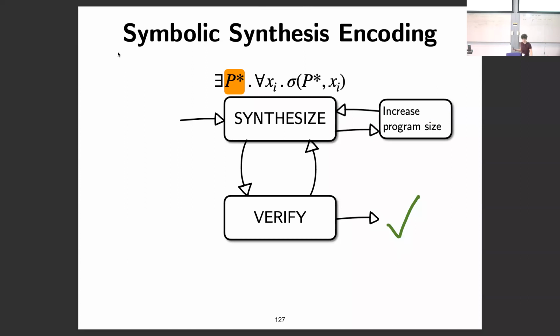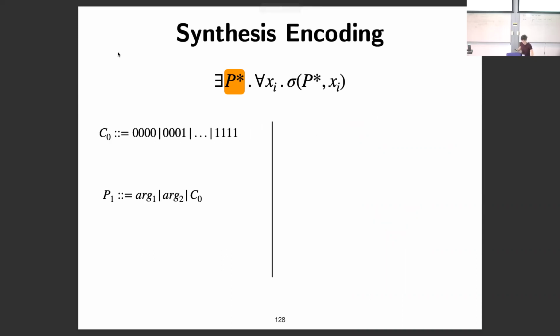What we do with the symbolic synthesis encoding is, first of all, we fix the program size, and we add an extra loop where we increase the program size if we didn't find a program. Let's assume my program has a grammar where P1 allows my program to be either arg1, arg2, or C0.